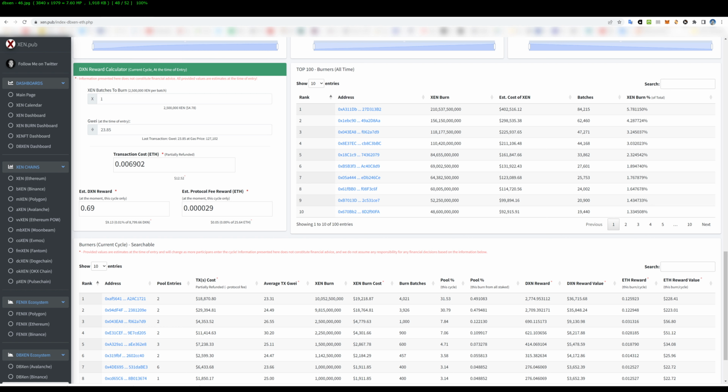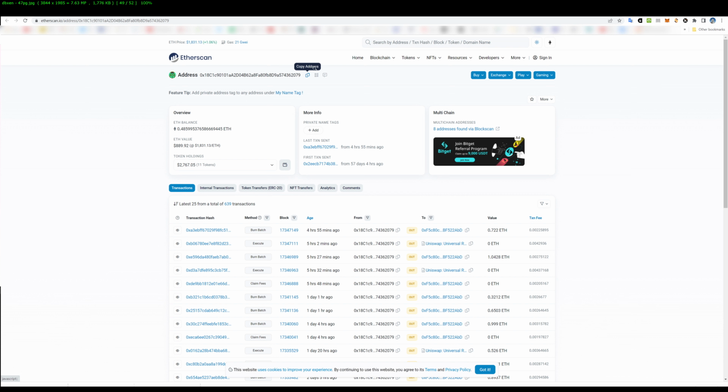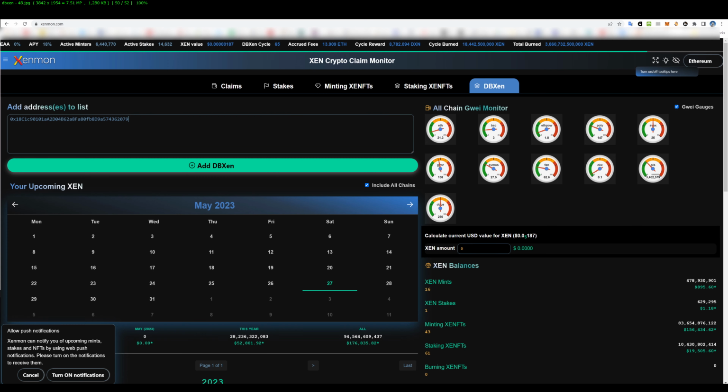So anyway, sometimes if you want to see what other people are doing, you can click on the link here, and copy the address. If they have something staked, you can copy the address and throw it in DBXen on Zenmon's DBXen site.